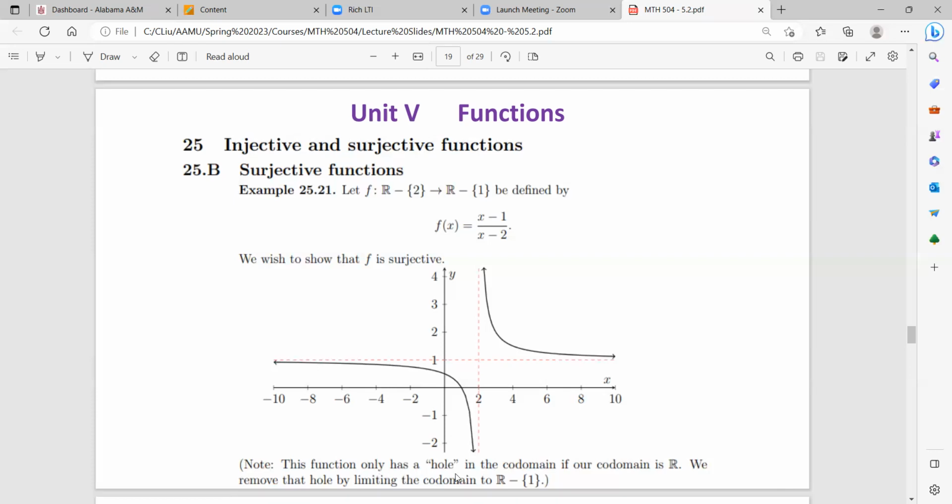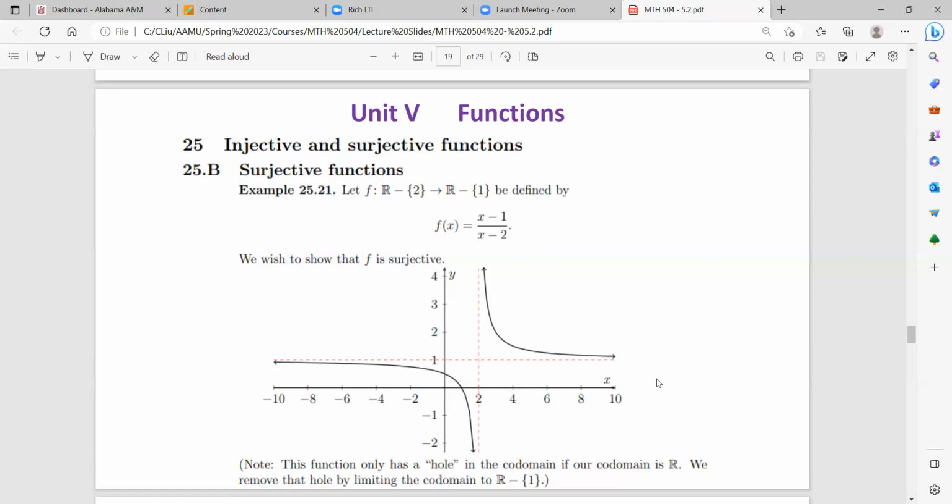This function only has one hole in the codomain. If our codomain were R, it would have a hole, but obviously our codomain is R minus the set {1}.